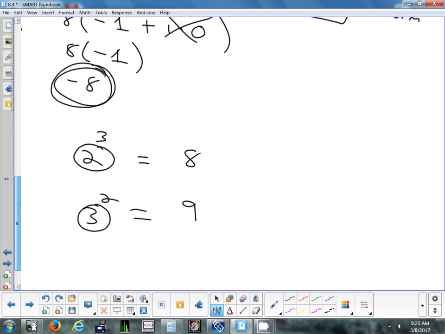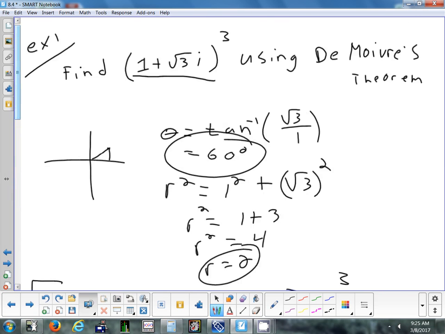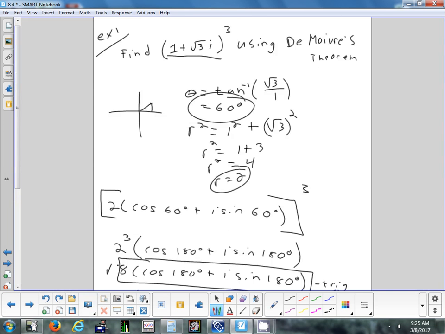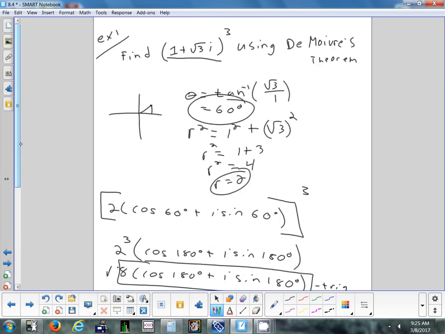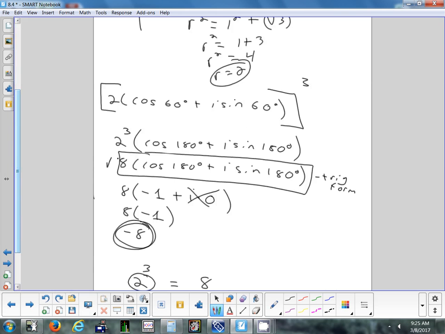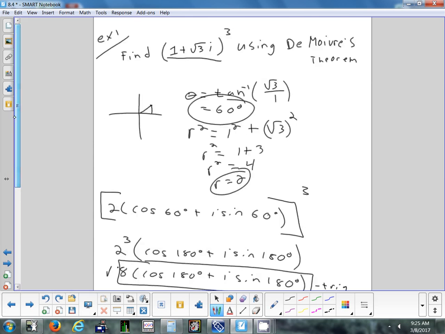Okay, so let's look at this one. See if I can put it on the screen at the same time. Not quite. So if you cube this, you get -8. So what does that mean -8 is compared to that number I just underlined? It's the cube root.